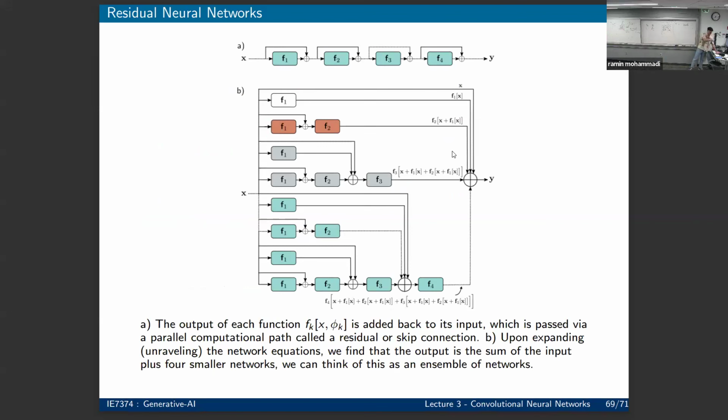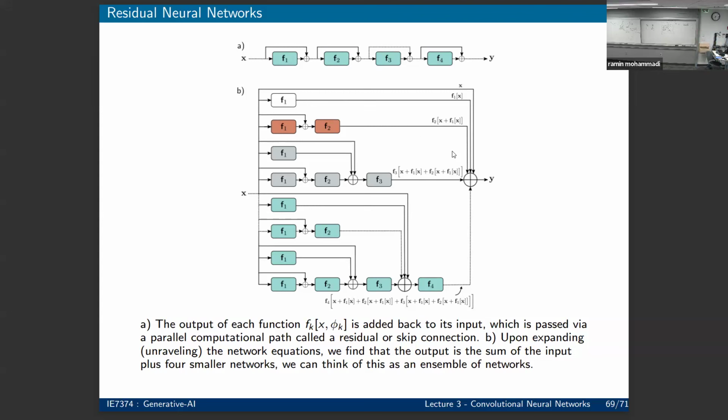The first one on top, if you unwrap it, becomes the one on the bottom. As you can see, X is the input to F1, but after the output of F1, you add X to it. So this becomes this. Then if you go to F2, it becomes the output of F2 plus F1.